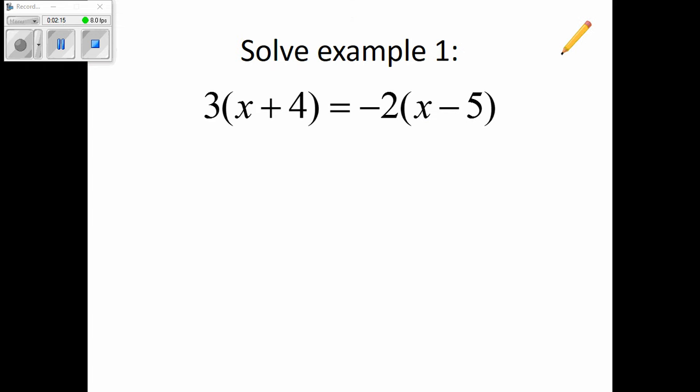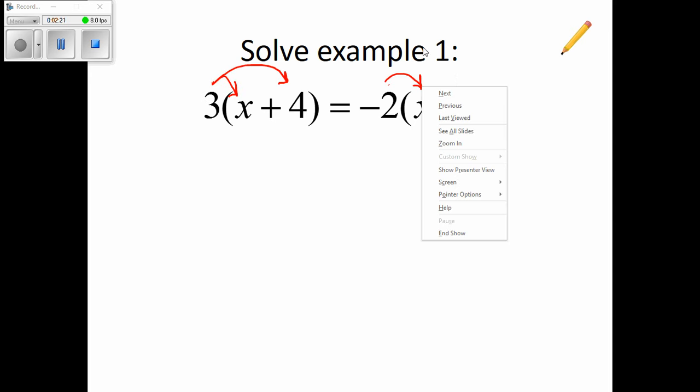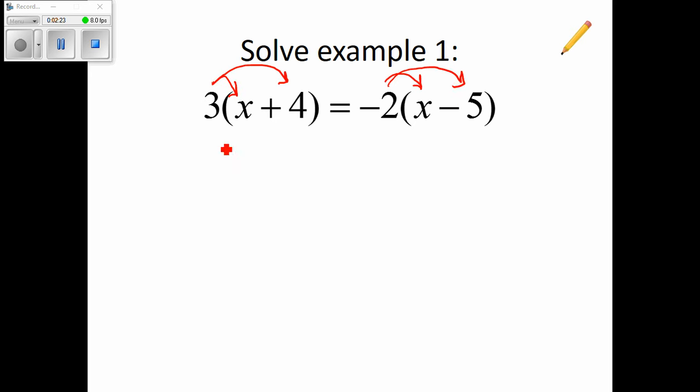Okay, so example number 1. First thing we're going to do is use the distributive property. So we have 3 times x, which is 3x, 3 times 4, which is 12, negative 2 times x is negative 2x, and negative 2 times negative 5 is positive 10. All right, so we have some x's on one side and some x's on the other.